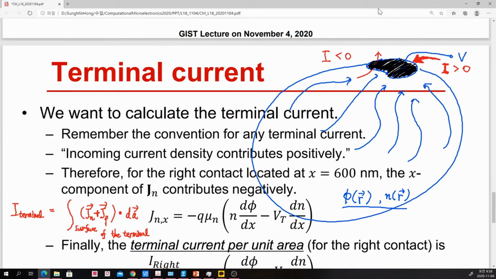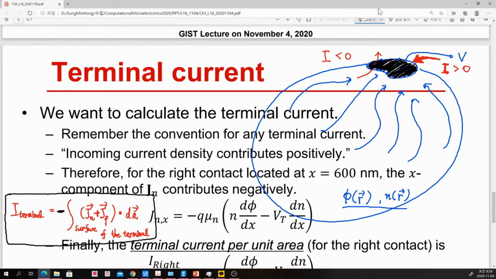So we have to have incoming flux, so a different sign. That's the reason why we eventually have a minus sign in front of it. So that's it. This is the way to calculate terminal current.